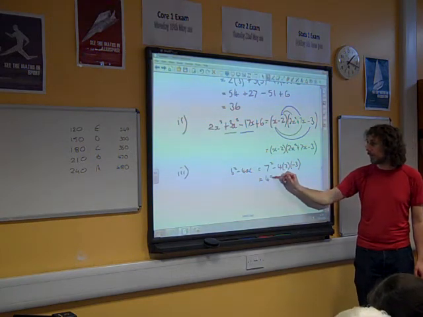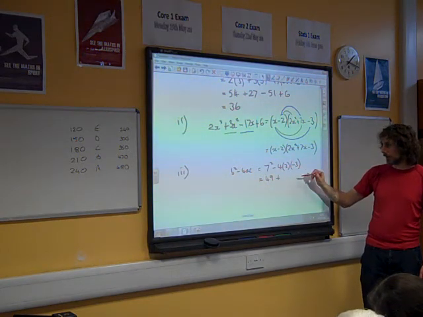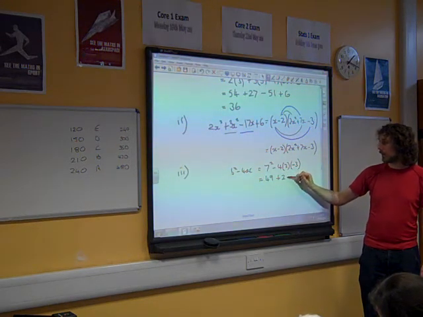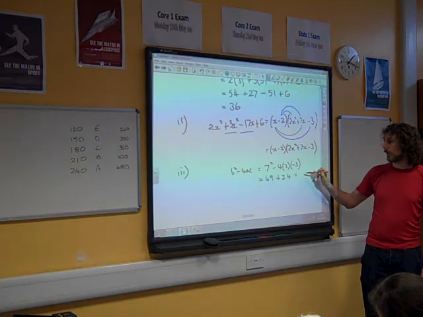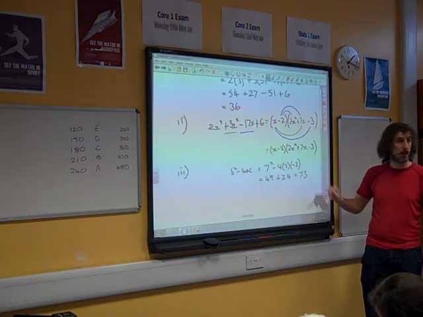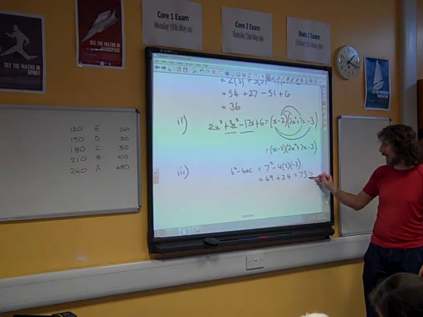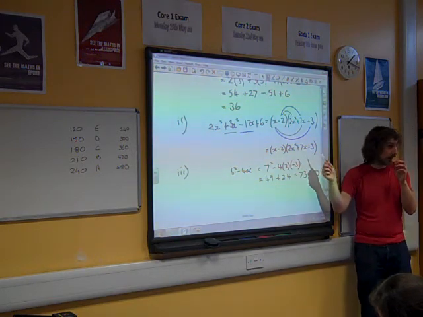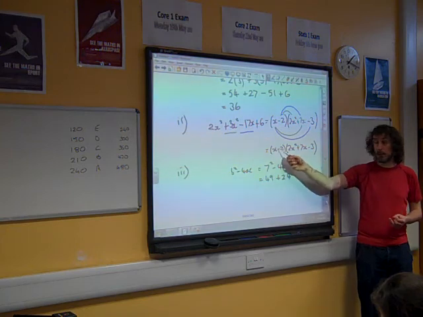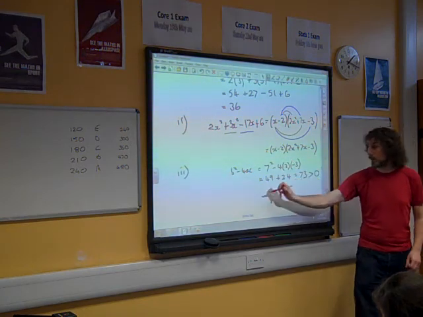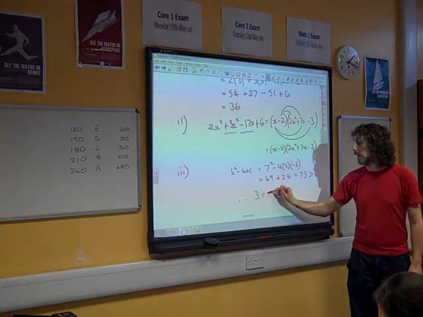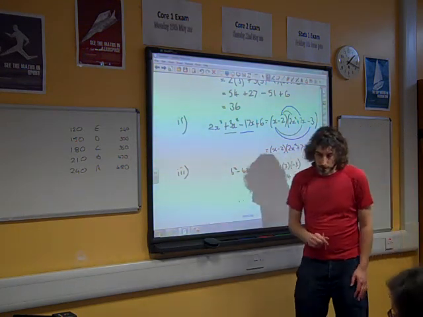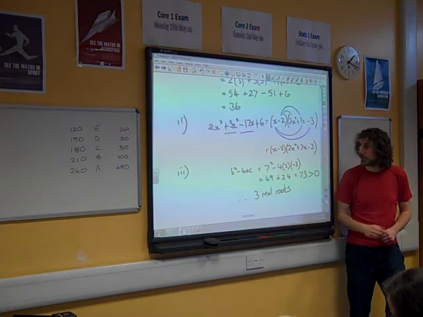So this is going to be 49 plus 24, which gives us 73. And the important thing is that that is bigger than 0. So this quadratic factor has 2 real roots. The linear factor is a 3rd real root. Therefore, 3 real roots of the equation. And that will be it done.